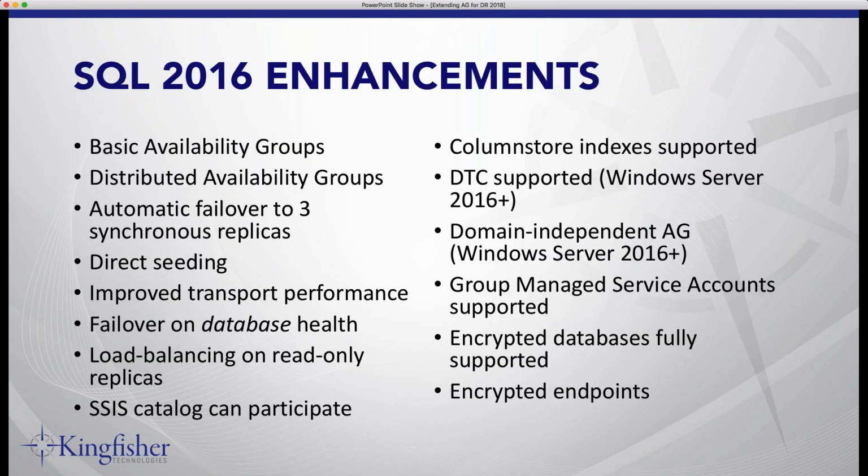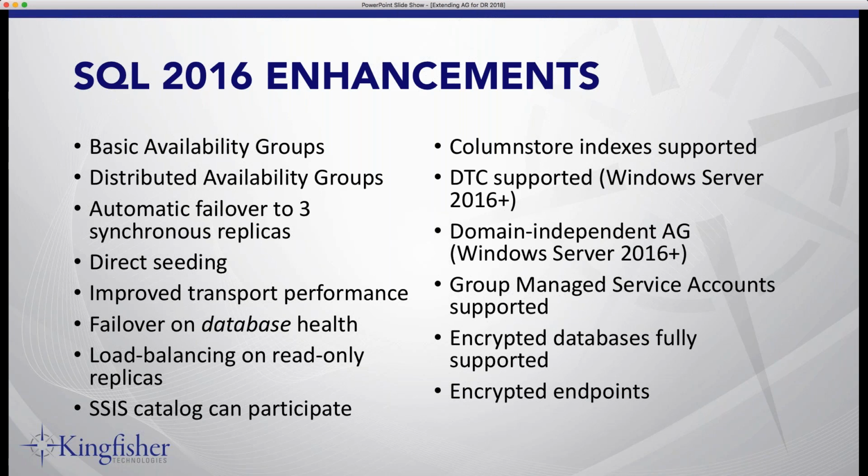They have expanded availability groups in each release of SQL Server. SQL 2016 had a lot of enhancements to it. In addition to some significant performance improvements, they introduced the concepts of basic availability groups, which I already talked about, and distributed availability groups, which I'll talk about in a little bit. You have the possibility of 3 synchronous replicas.